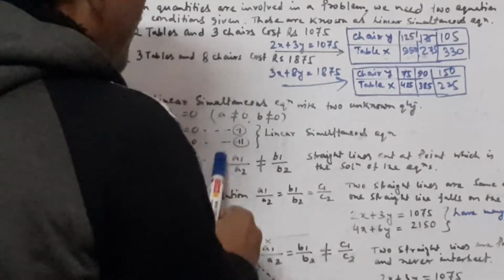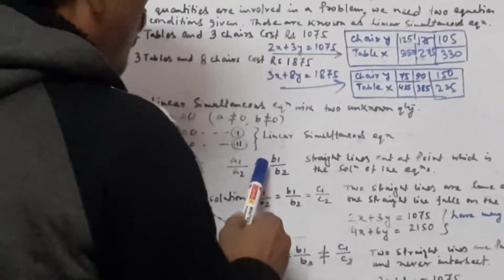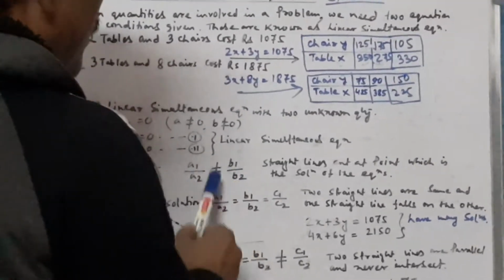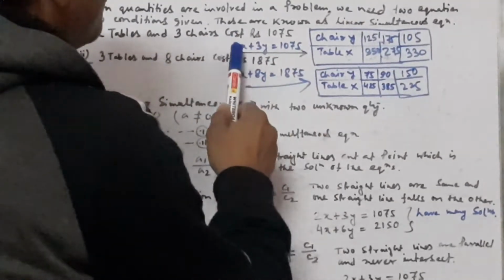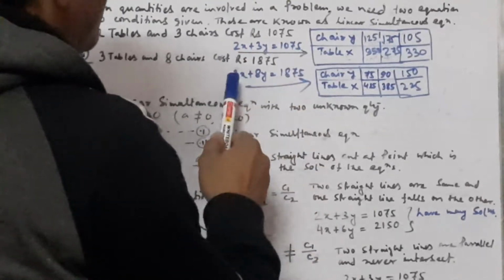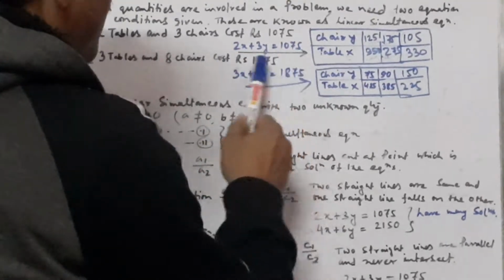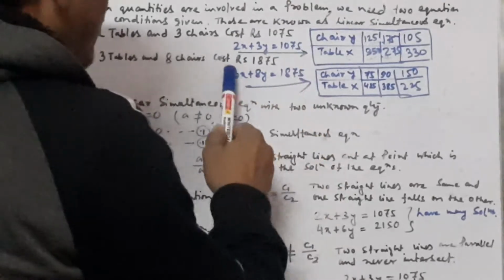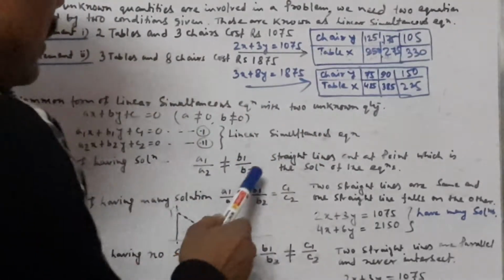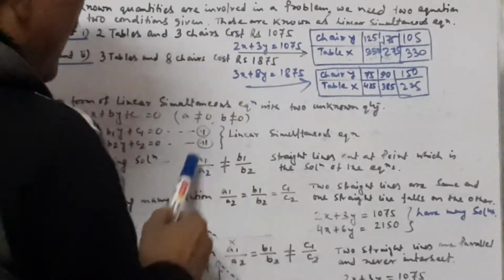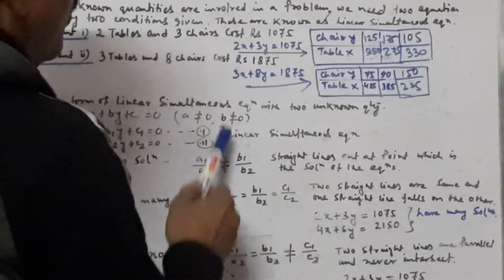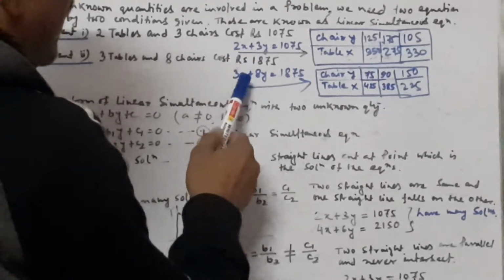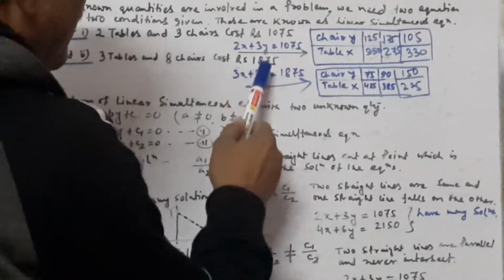In this case, the condition is a1 by a2 not equal to b1 by b2. Take 2x plus 3y equal to 1075 and 3x plus 8y equal to 1875. These two simultaneous equations satisfy this condition. That means a1 by a2 is 2 by 3 and b1 by b2 is 3 by 8, so they are not equal.